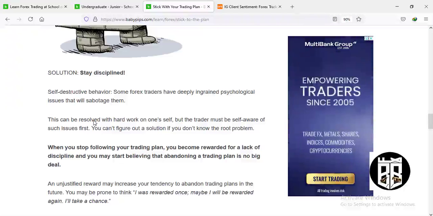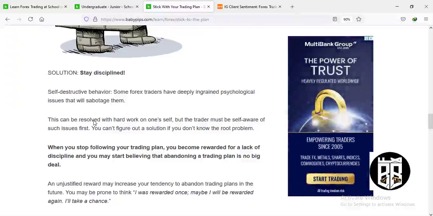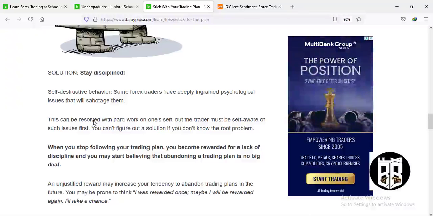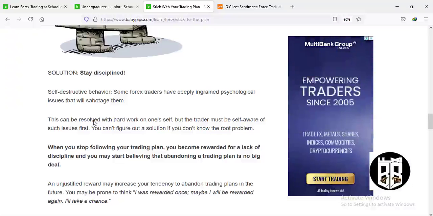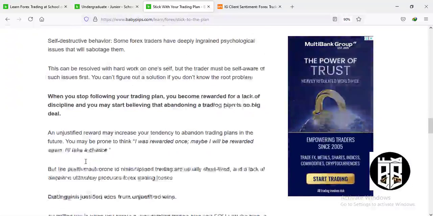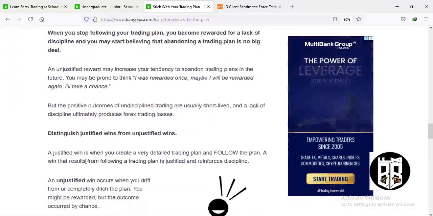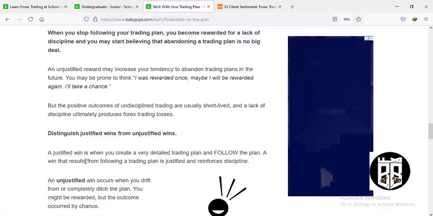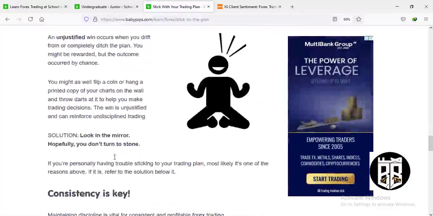So when you stop following your trading plan, you become rewarded for a lack of discipline, and you may start believing that every trading plan is no big deal, which is wrong. It is a big deal. Now, if you skip your trading plan, you can make unjustified returns in the long run.